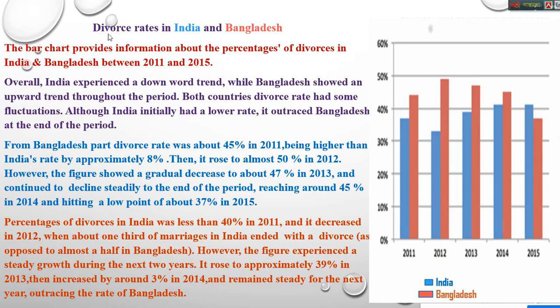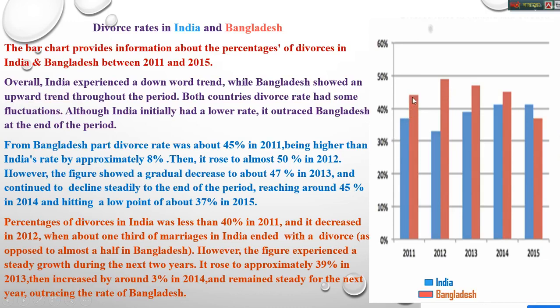Okay, so in the overview paragraph, you see, overall India experienced a downward trend in terms of divorce rates. At the very beginning, it was less than Bangladesh, while Bangladesh showed an upward trend. Throughout the period, both countries' divorce rates had some fluctuations.